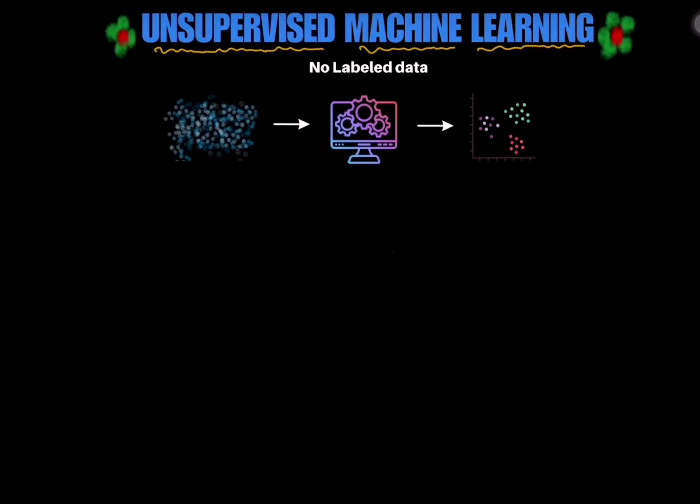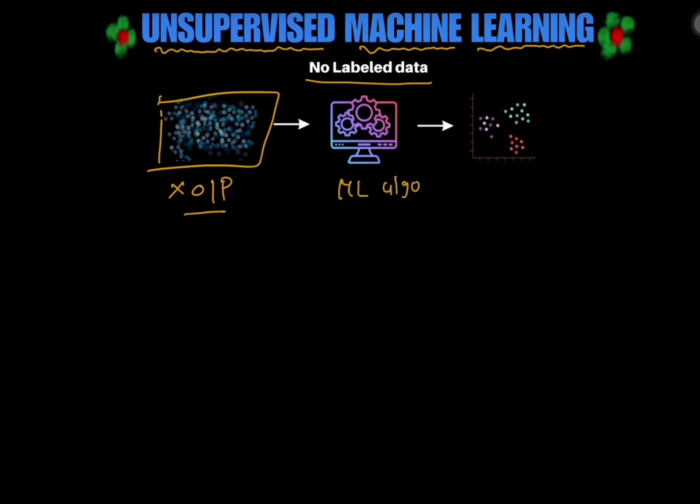The second type of machine learning algorithm is unsupervised machine learning. The main difference here is that we do not have any labeled data. So our input data is totally raw. We do not have a predefined output that we give to our machine learning algorithm from which it can learn. As we do not have any output here, the machine learning algorithm has to find all the hidden patterns in the data and create groups of data.